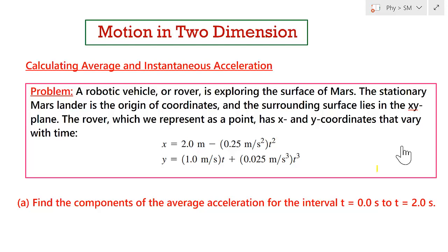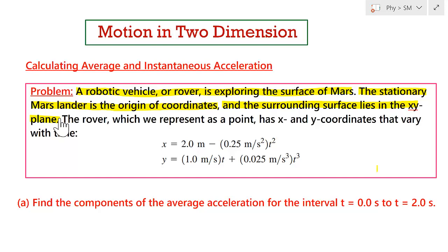So the problem says, a robotic vehicle or rover is exploring the surface of Mars. The stationary Mars lander is the origin of coordinates and the surrounding surface lies in the XY plane. So we have a robotic vehicle called Rover, and it is trying to explore the surface of Mars.